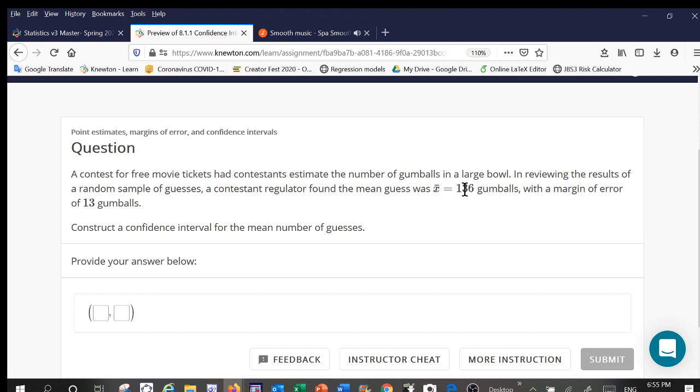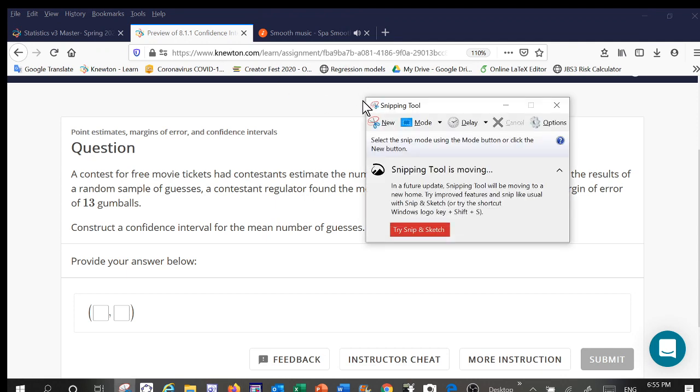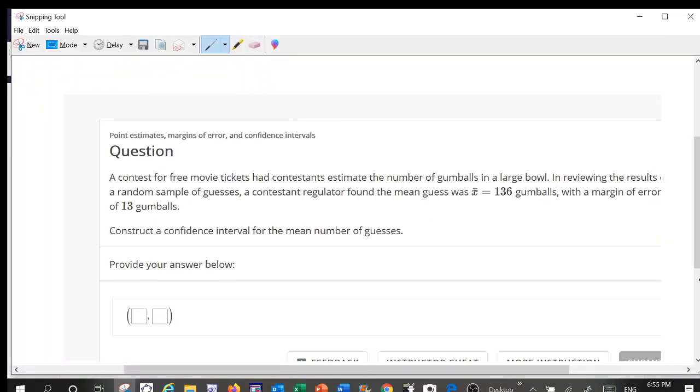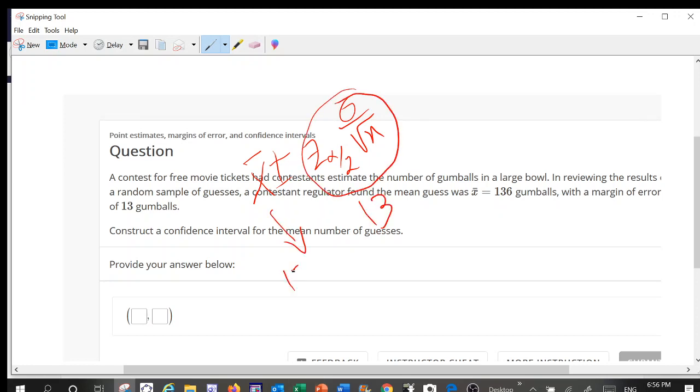So this is even easier than I thought. So it's 136 plus that and minus that, because that is a complete error section, right? Let me make sure we are on the same page here. So let me get this so I can write on it. So what we are saying is that the confidence is given by this formula, but here we are told that this whole thing is 13 and this right here is 136.